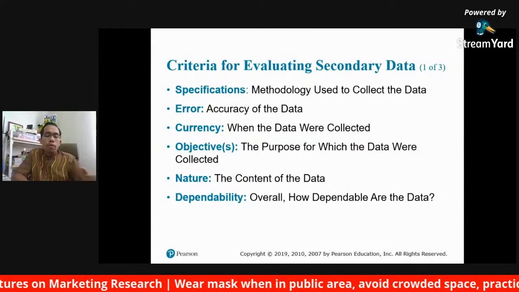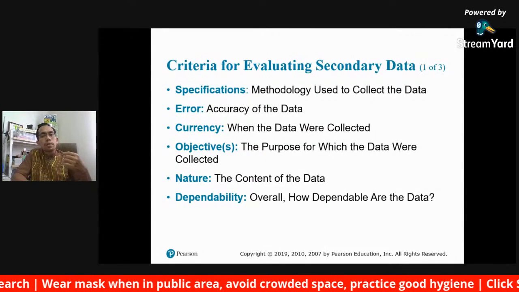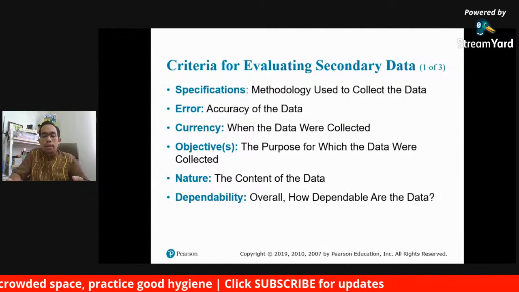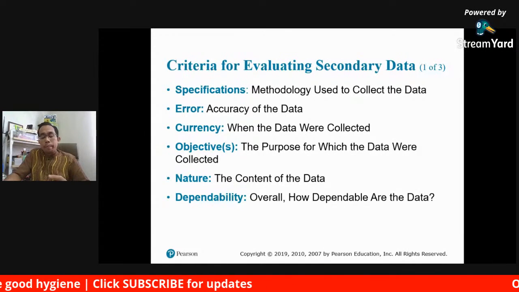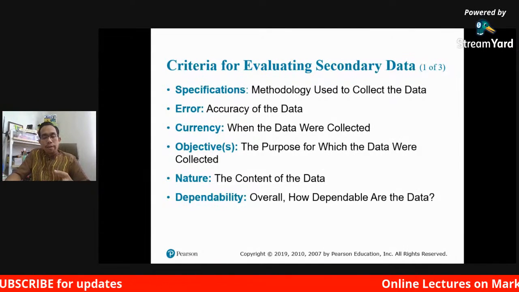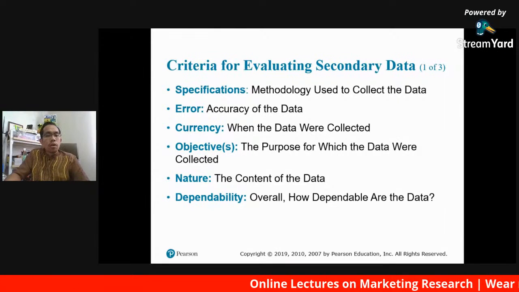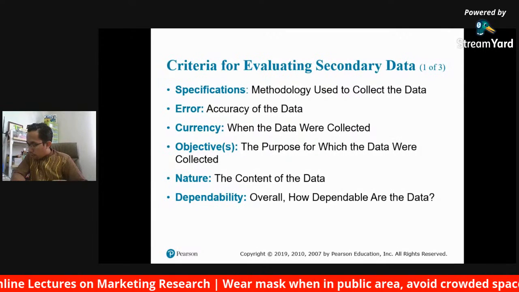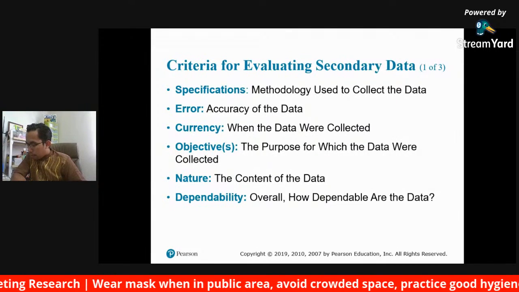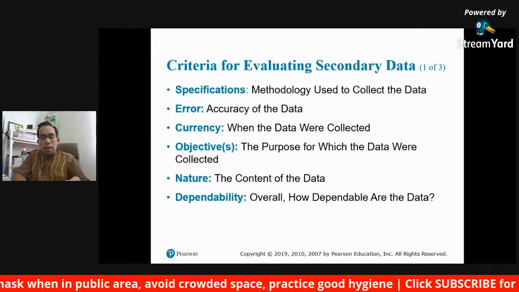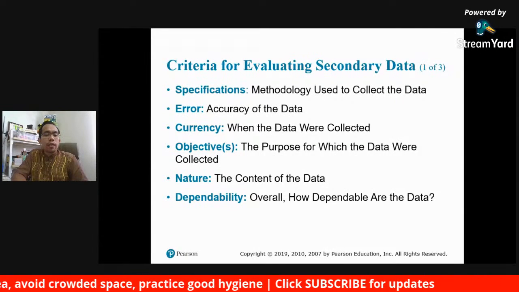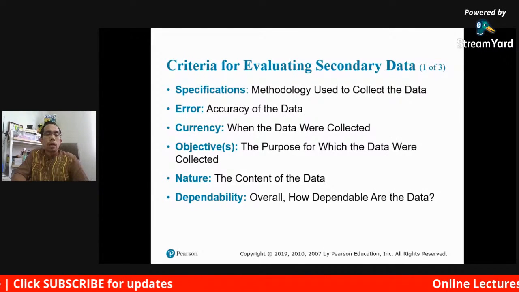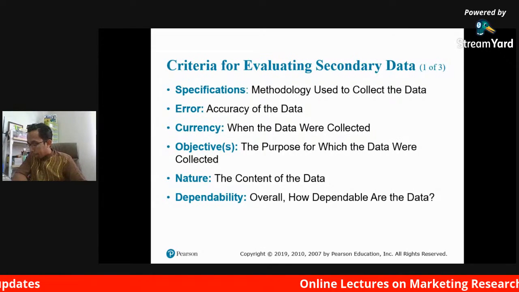Because the secondary data was obtained based on their problem, their objective, answering their questions actually, not our questions. Because of that condition, the data might not be 100% appropriate to the problem, to the issue that we have in hand.